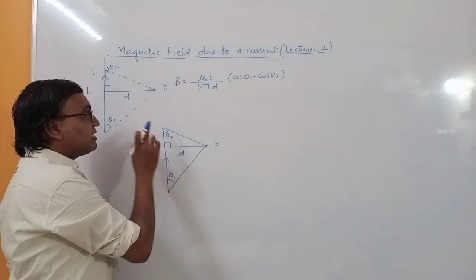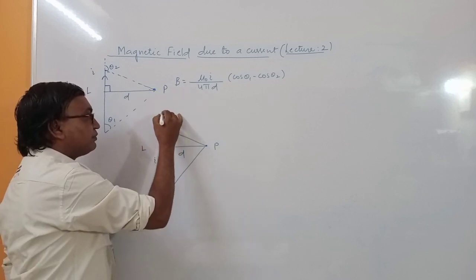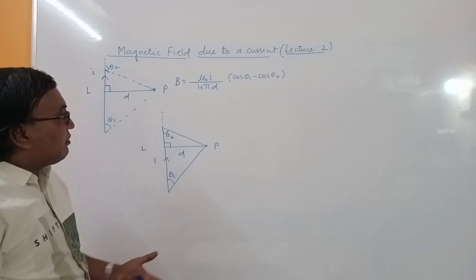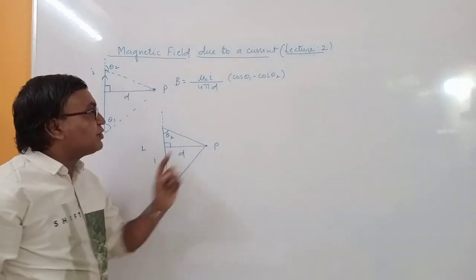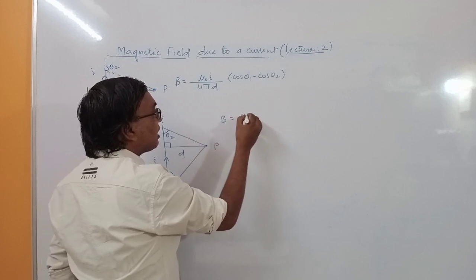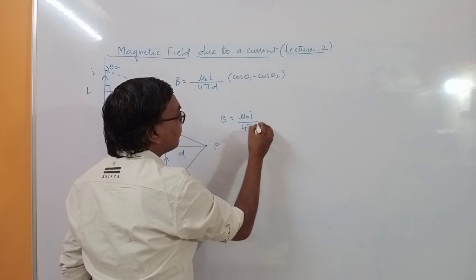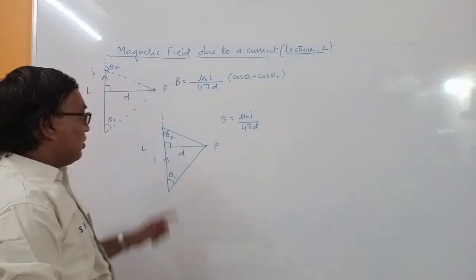So if I consider this angle and use this formula, then we can have another formula to find the magnetic field at this point P. So B equals mu naught I by 4 pi d as it is, cos theta 1.